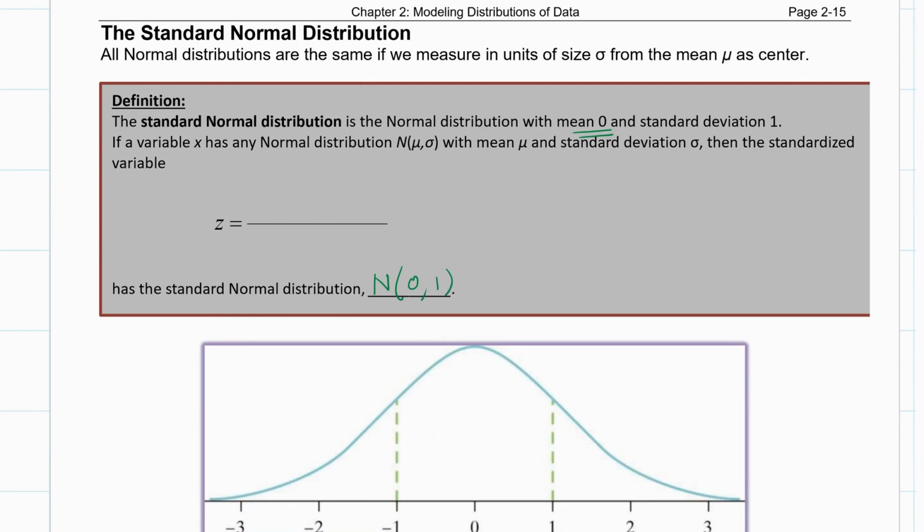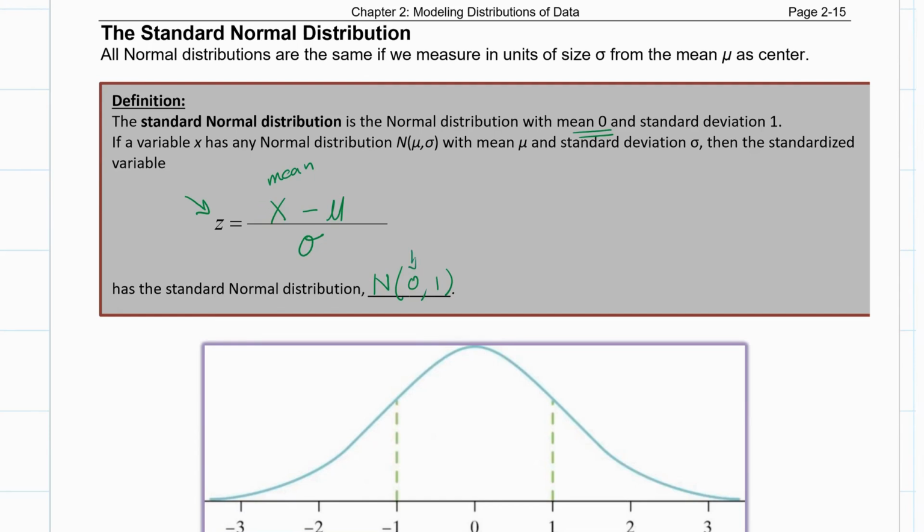And remember our z-score, because this is also called a z-distribution, is x minus mu over sigma. You may recall that this is a transformation. If I put something that's exactly the mean right here, I get mean minus mean, I get 0. That gives me a transformed mean of 0.